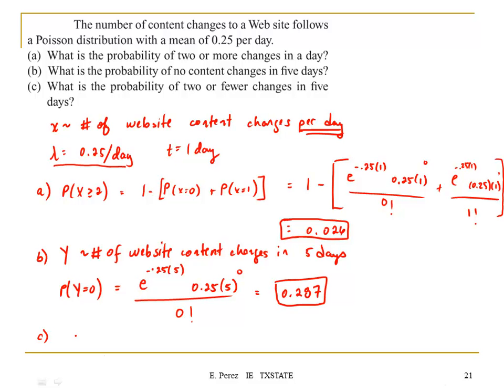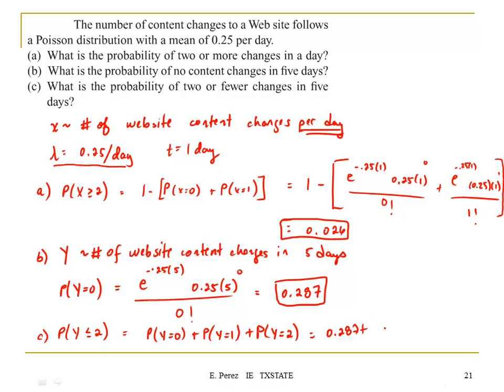Part C is the same. What is the probability of 2 or fewer changes in 5 days? So we are using Y. Probability of Y being less than or equal to 2. And this is the probability of Y being equal to 0 plus the probability of Y being equal to 1 plus the probability of Y being equal to 2. And we know the probability of Y being equal to 0.